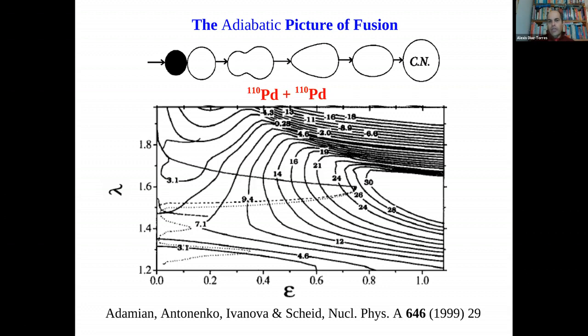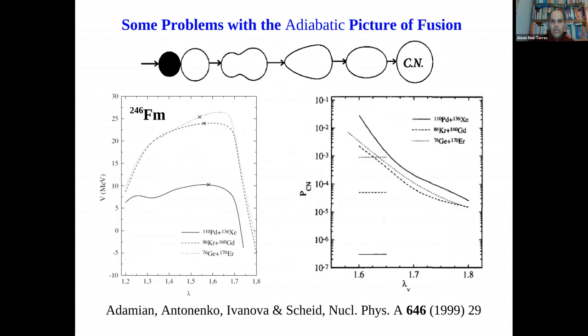So they assume there is a Rayleigh type of friction, and they calculate with the initial condition that the system is sitting on top of this hill. The system will move down toward the valley of the compound shapes, of the spherical shape, which will be here in this configuration.